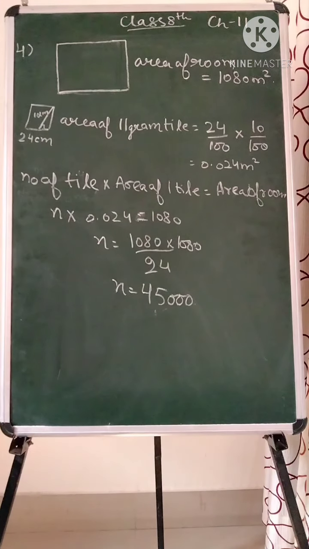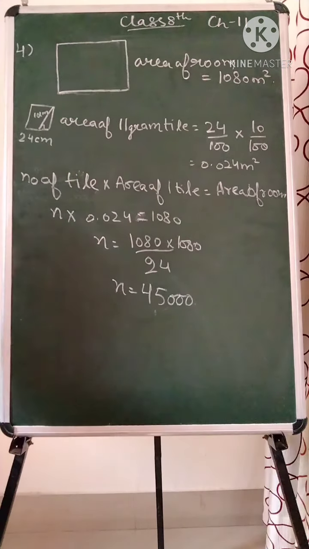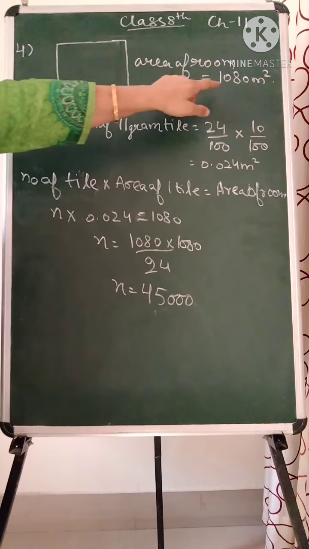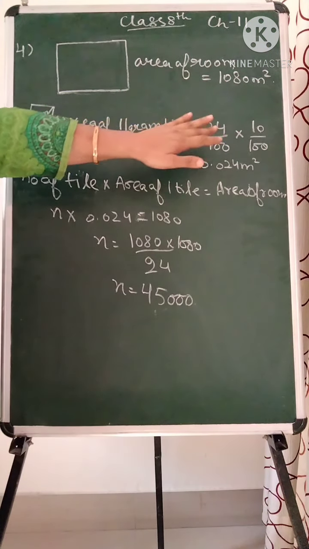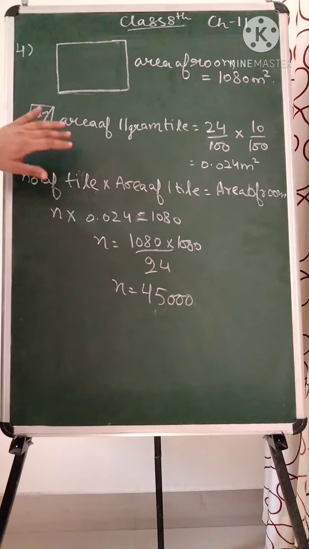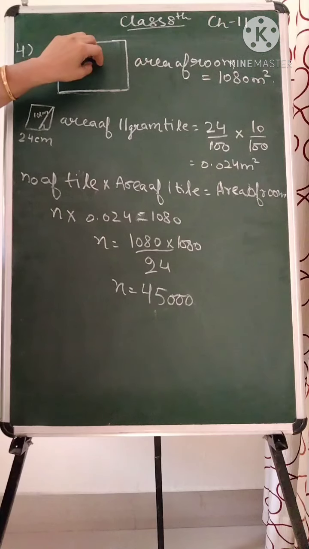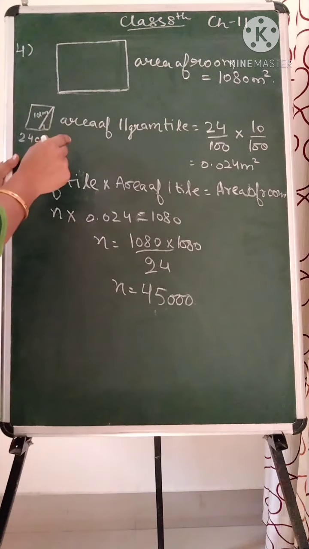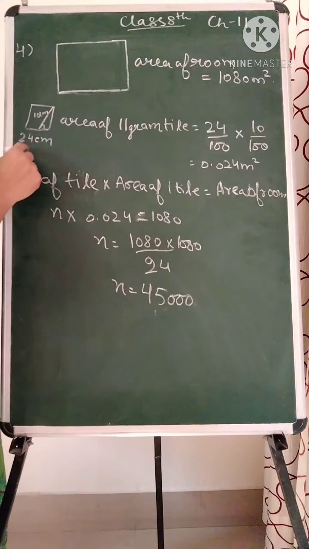Question number 4. They have given a room whose area is 1080 meter square, and you have to place parallelogram tiles in this area of the room. They have given the dimension of one tile.